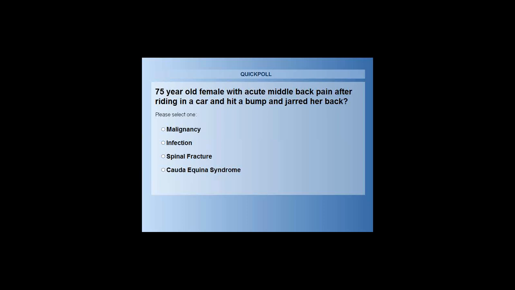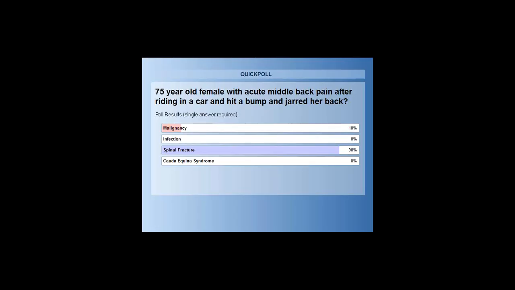Okay, on this one we had 10% say malignancy and 90% say spinal fracture.